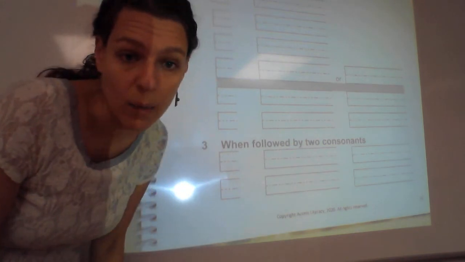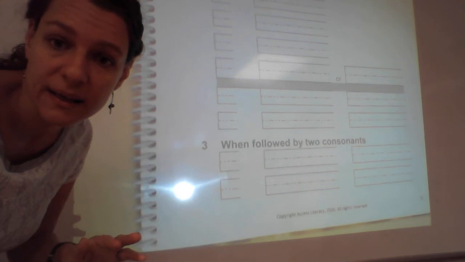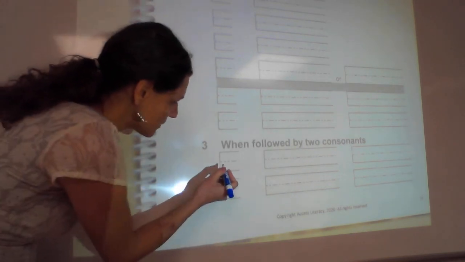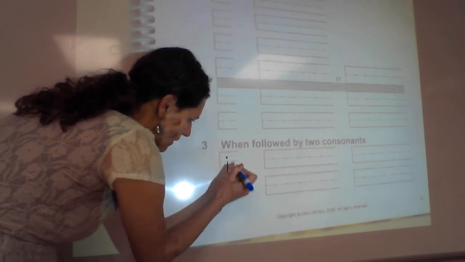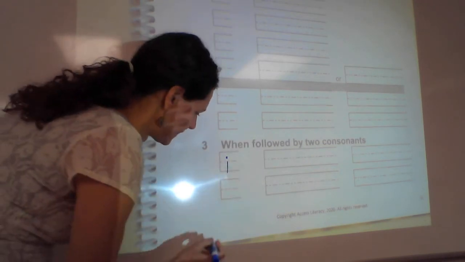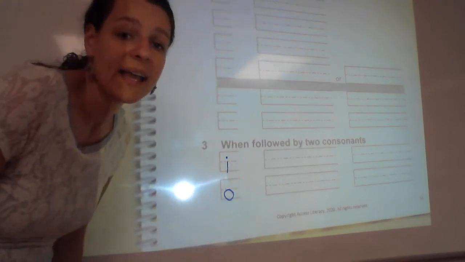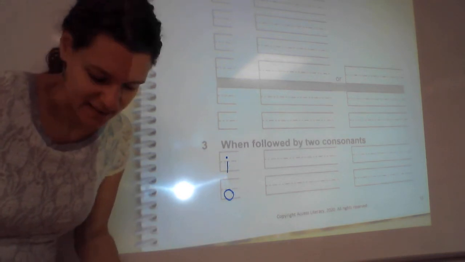What are the 2 vowels that can say their names when followed by 2 consonants? Good. It's I and O. So we're going to go ahead and write an I in here, and then an O on the next line. All right, say the rule with me. I and O may say I and O when followed by 2 consonants.